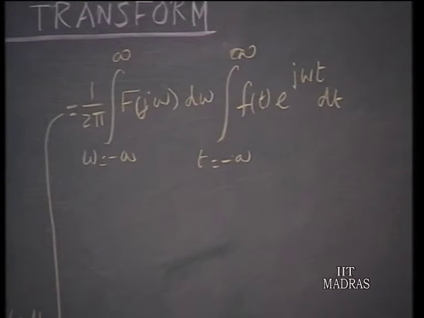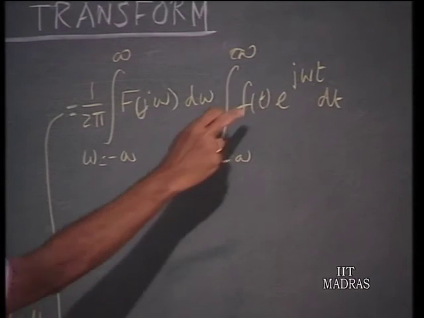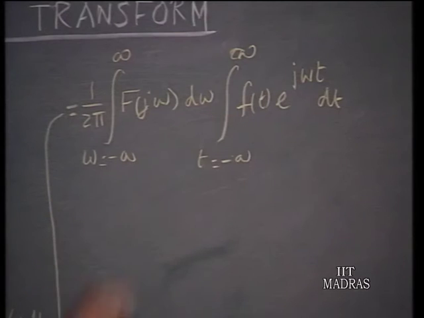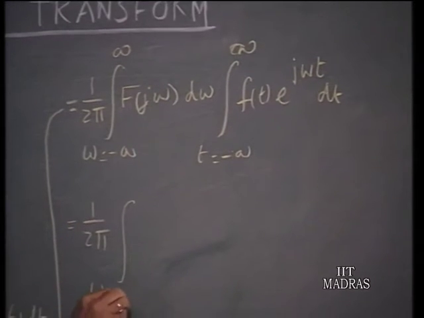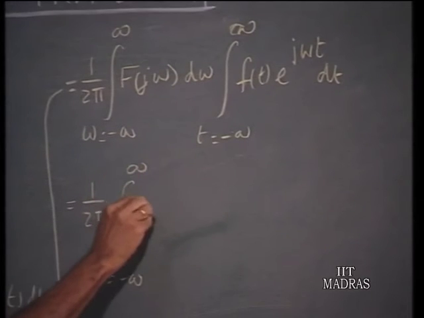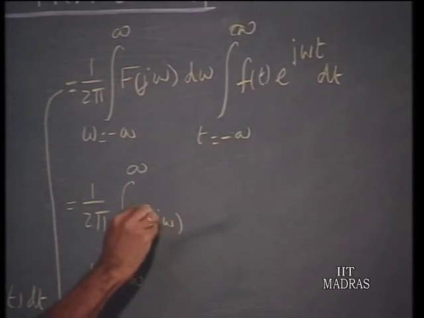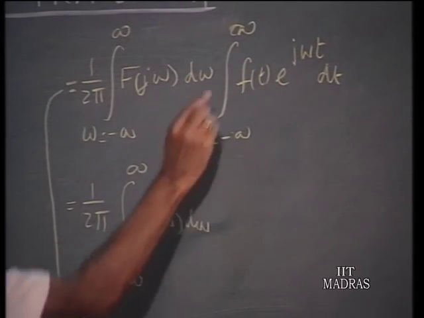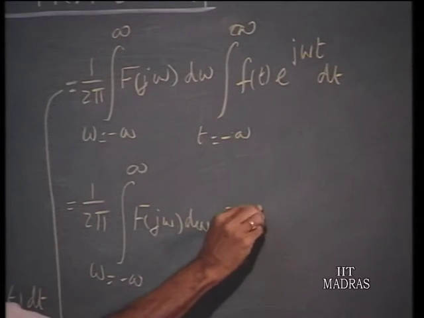But instead of minus j omega t, we have plus j omega t. Therefore, this whole expression now becomes F of minus j omega. So, this can be written as 1 over 2 pi integral from minus infinity to plus infinity F of j omega d omega, and this quantity is F of minus j omega.